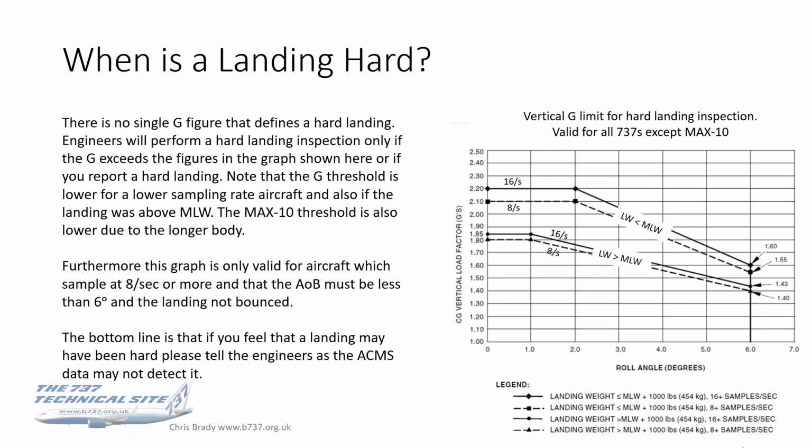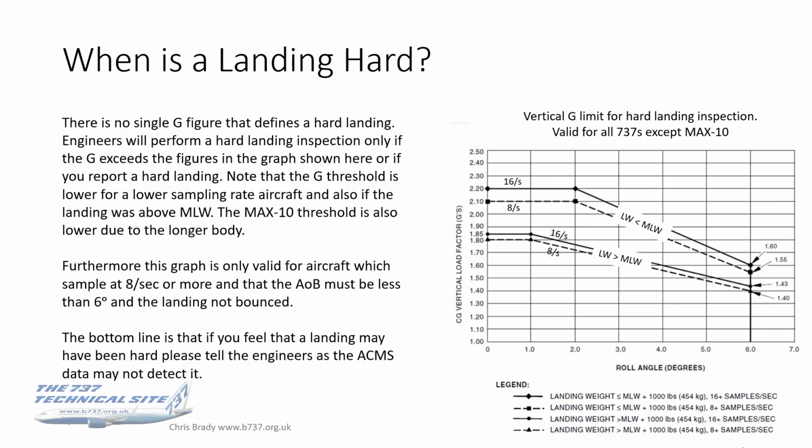Anyway, what they came up with is this graph here, or this envelope, and whilst we know that there is no single G figure that defines a hard landing, engineers have now, since about 2000, this came into the maintenance manuals, they will now perform a hard landing inspection only if the G exceeds the figures in the graph shown here, or of course always if you report a hard landing.